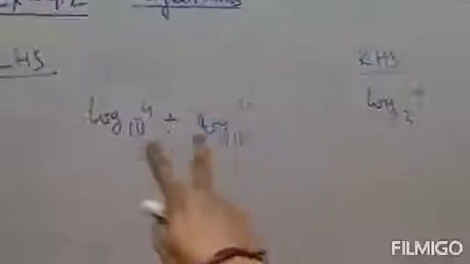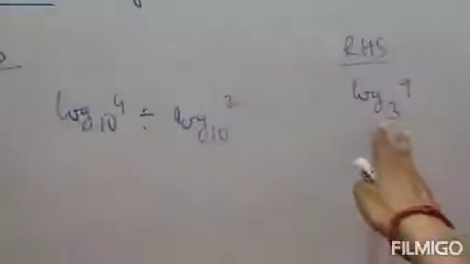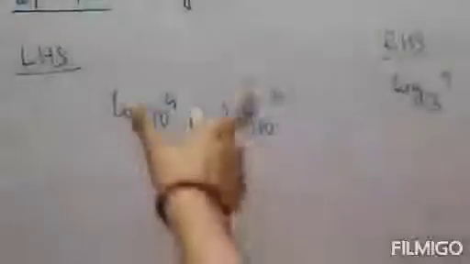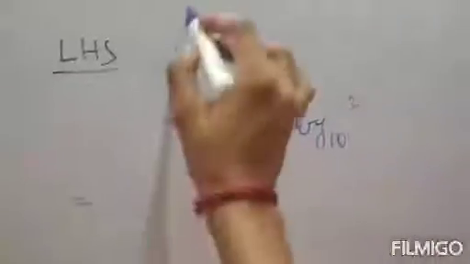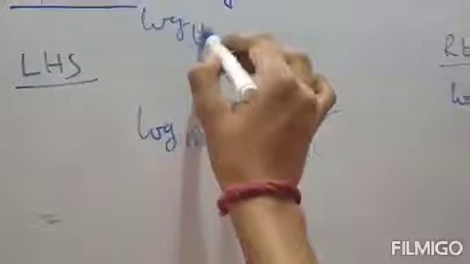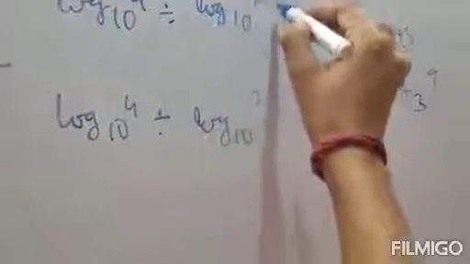So we have to prove that log base 10 of 4 minus log base 10 of 2 equals log base 3 of 9. This is the left hand side and this is the right hand side. Just copy this sum. Clear?